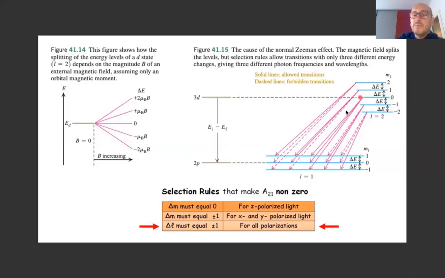For example, this guy over here is 2 above, and this is 1 above, so this is +1, and this is here, and this is +1 too. So these 2 lines here have the same energy. So if they have the same energy, I could count them twice in the transitions falling down.